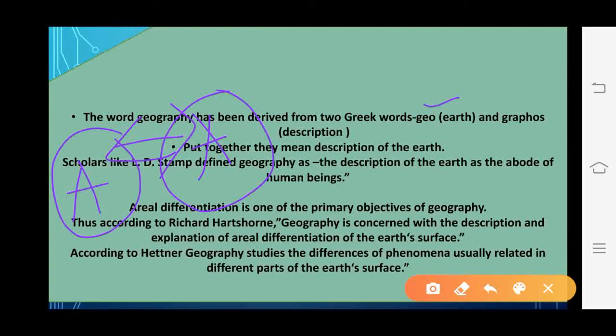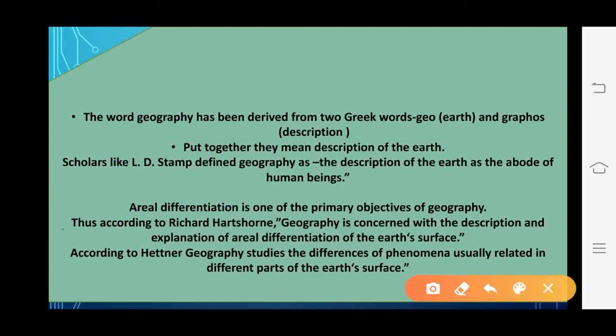ठीक है, okay, so with this we come to another definition given by Richard Hartshorne. What did he say? He said that geography is concerned with the description and explanation of areal differentiation of the earth's surface. So we again came to another definition, so please remember these two definitions. This is very important. Then we come to one more definition given by Hettner.